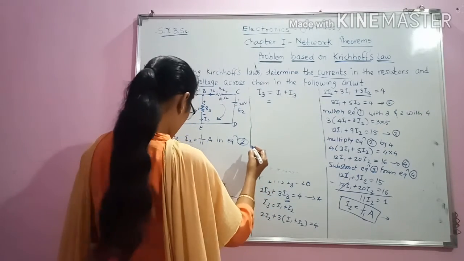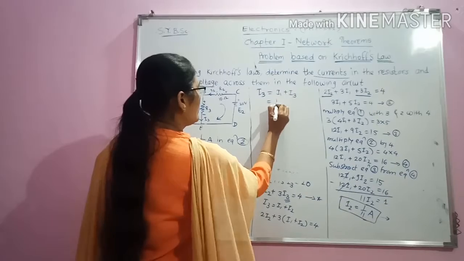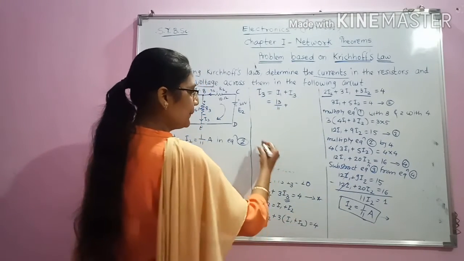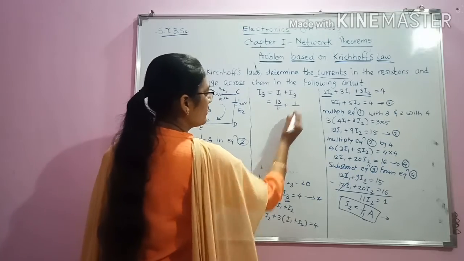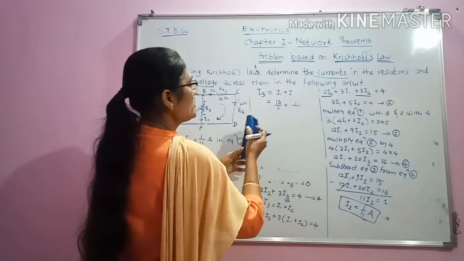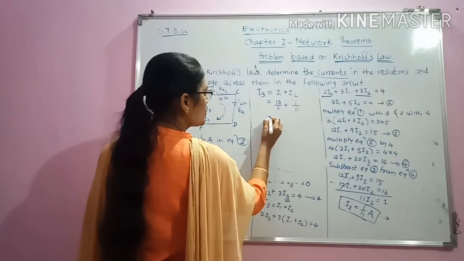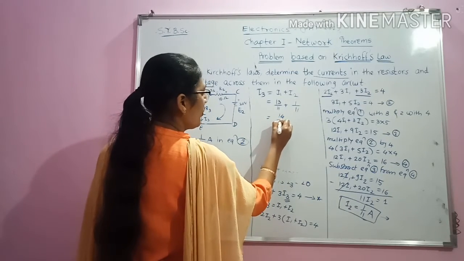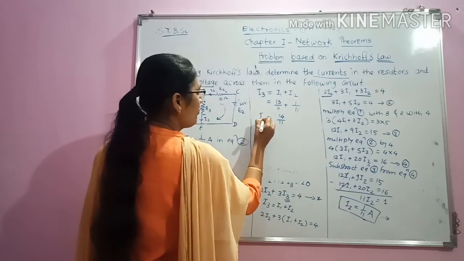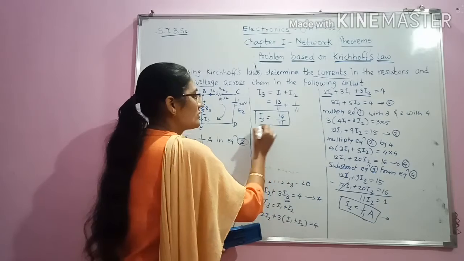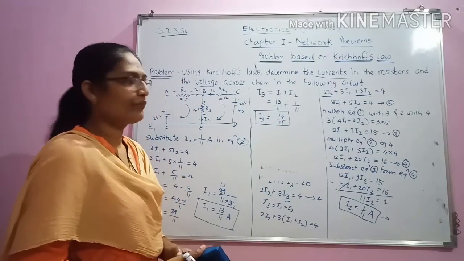Substitute the value of I1, 13 upon 11, plus the value of I2 as 1 upon 11. So 14 upon 11 is the value of I3. We have obtained the value of I3 as 14 upon 11.